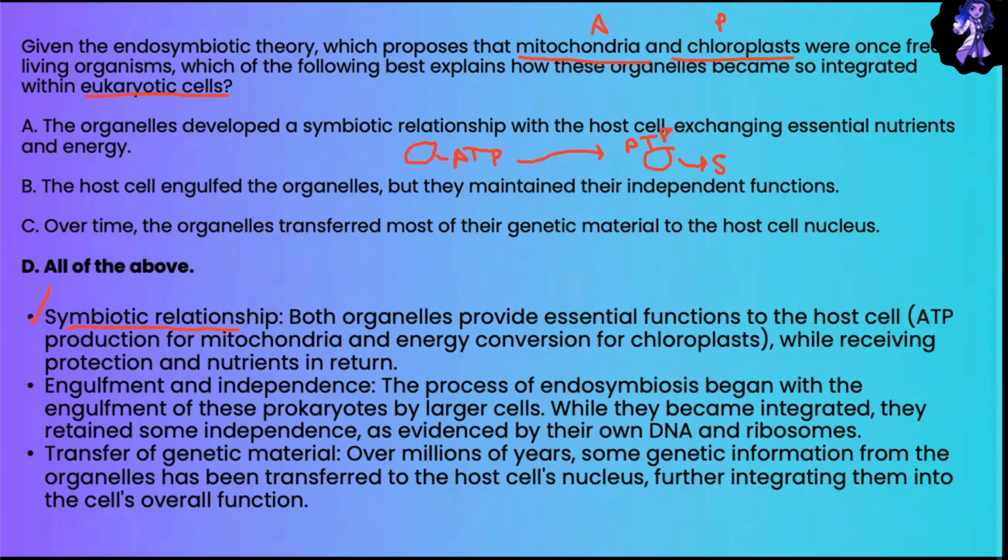You need to deduce, based on the information that you already have, that a symbiotic relationship is an exchange. There's a back and forth between mitochondria and chloroplasts, which is what they're trying to say. And the reason why this is true is because you have to think about it in terms of animals versus plants.